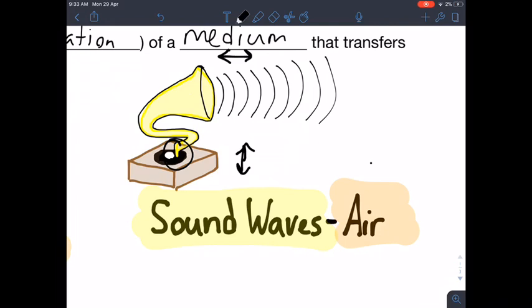It's important to realize the air molecules don't actually move from one place to the other. What moves is the energy, as one air molecule vibrating triggers the next air molecule to vibrate, and so on and so forth.